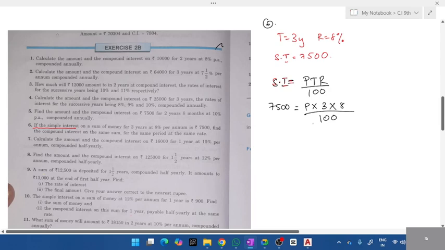Yeah, what is the principal value? How do you calculate this? 7,500. 3 divided by 8.